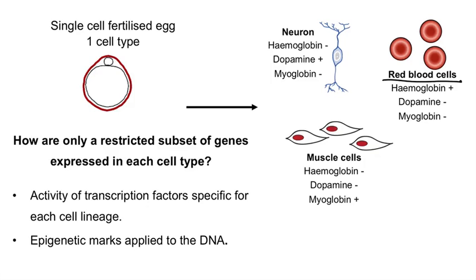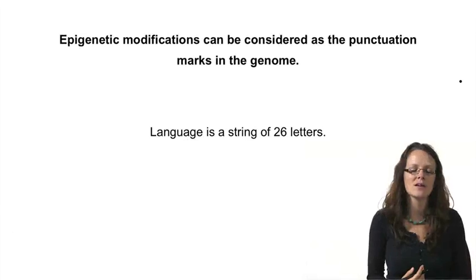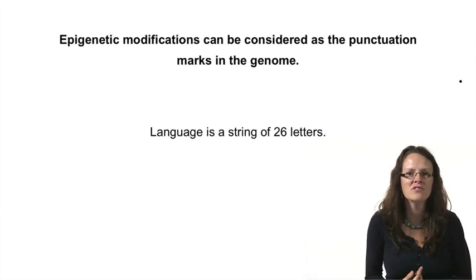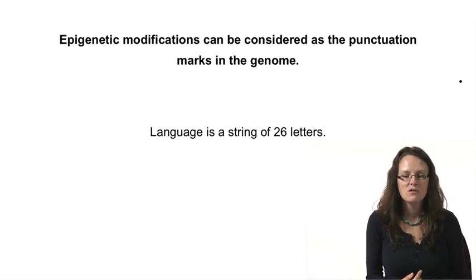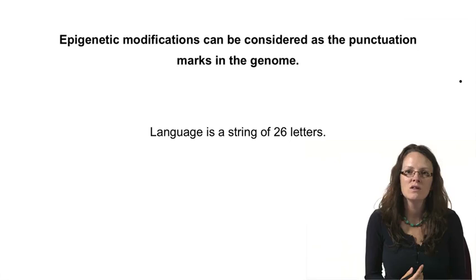So what is an epigenetic mark? What do we really mean by epigenetic marks? Well, these epigenetic marks or epigenetic modifications can really be considered to be very similar to punctuation marks in language. So we know the English language is a string of 26 letters, but when you think about the genome sequence, the genome's language has only 4 letters, A, C, G, and T, the 4 bases.